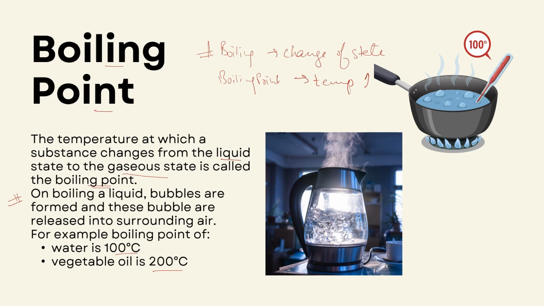This steam gets into the surrounding. So bubbles lead to the formation of steam. Whenever you see bubbles when you are heating anything, it means that it is boiling. It has reached its boiling point.